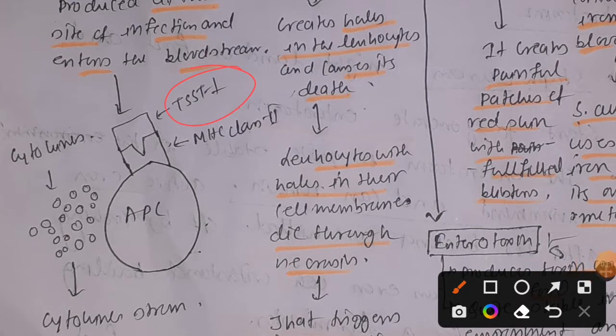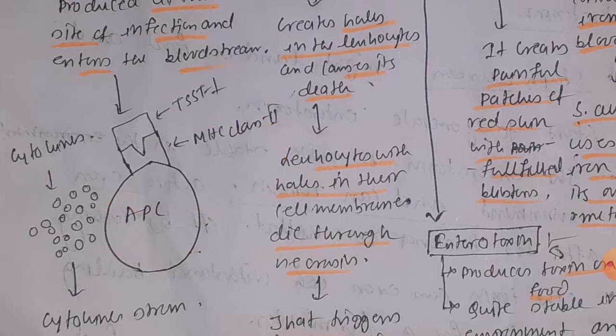So here TSST1 will cause release of a large amount of pro-inflammatory chemicals known as cytokines. For now, you can just remember that TSST1 causes the release of pro-inflammatory chemicals called cytokines.